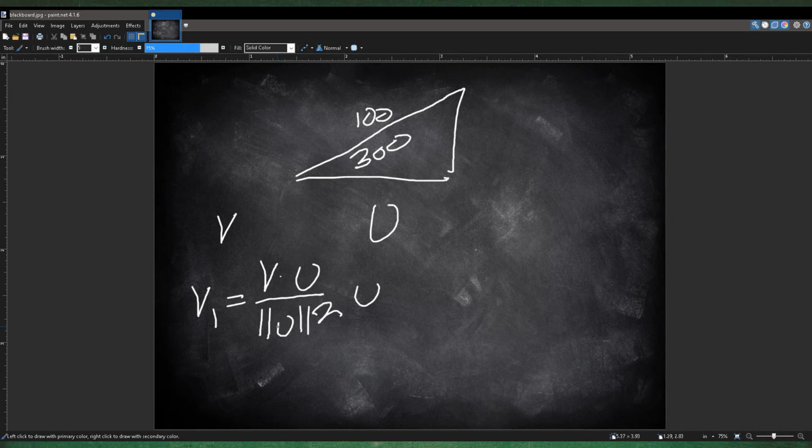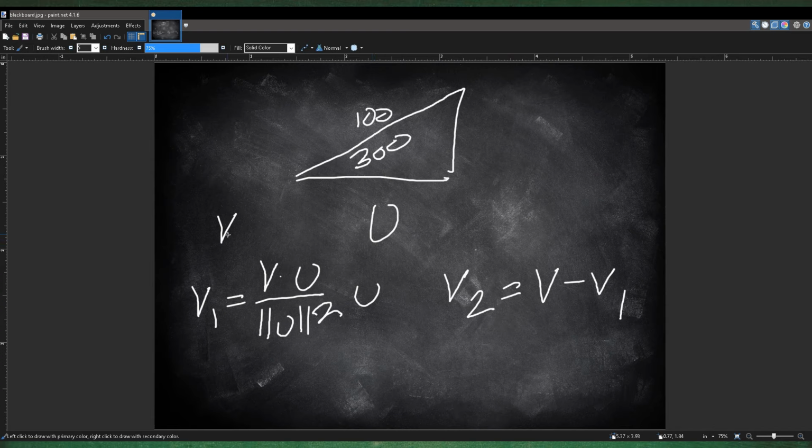So that'd be our vector projection. And then the opposite one that is perpendicular, we'll call that v2, is equal to just v minus v1, the vector projection. So that would be the basic concept. If we have the vector projection of v onto u, v1 would be parallel to u, and v2 would be perpendicular to u that reaches v.